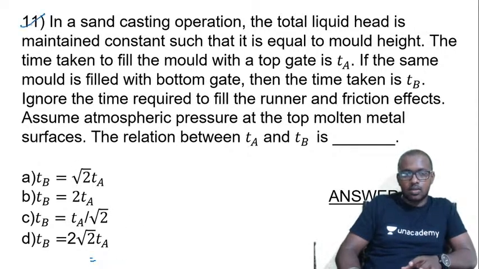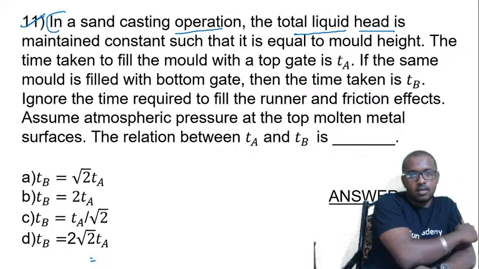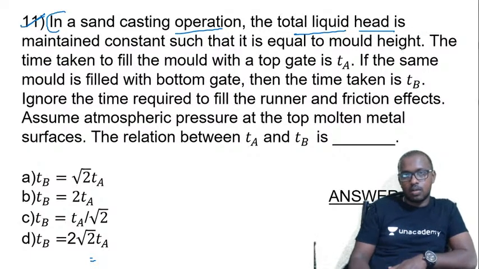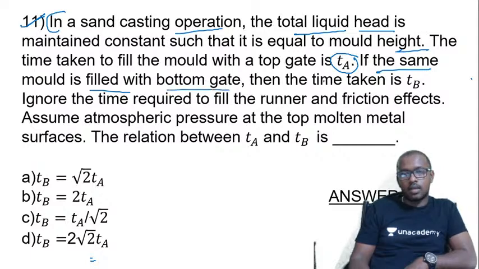So this is the 11th question. In a sand casting operation, the total liquid head is maintained constant such that it is equal to the mold height. The time taken to fill the mold with a top gate is TA, and if the same mold is filled with the bottom gate, then the time taken is TB.